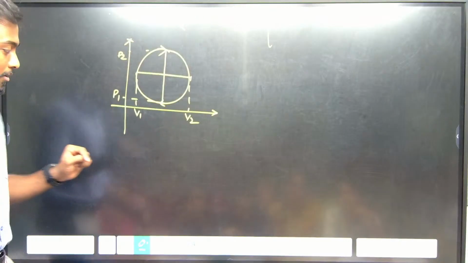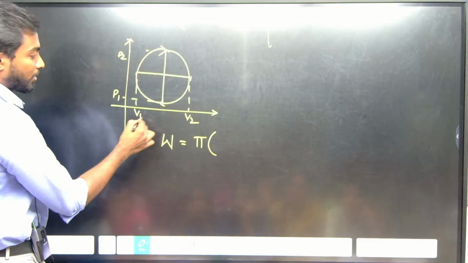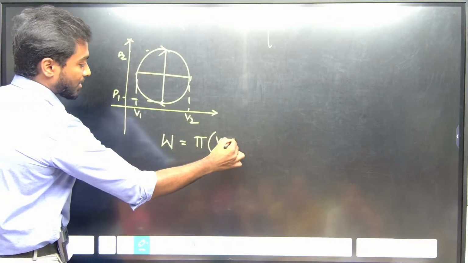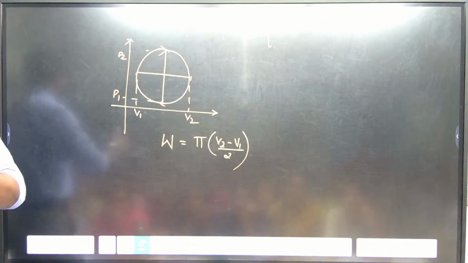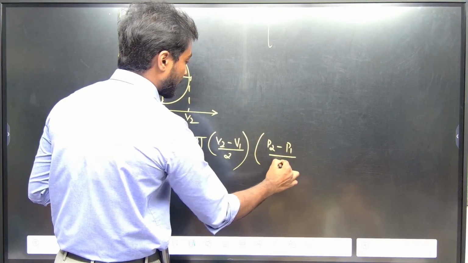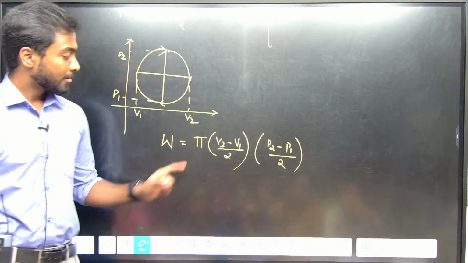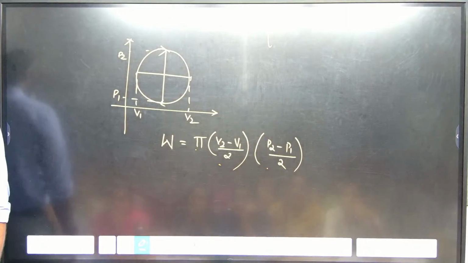Yes or no? So W will be equal to pi times V2 minus V1 by 2, one radius, times P2 minus P1 by 2, the other radius, pi r into r. So pi r square. Now it is 0.